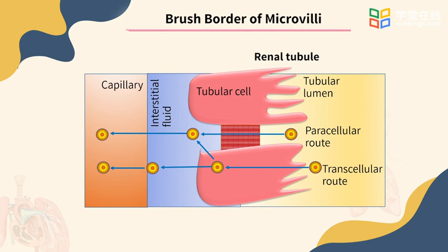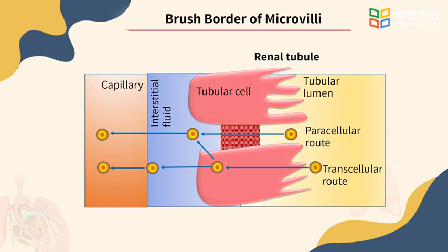For example, the cells lining the proximal tubule are endowed with a brush border of microvilli on their luminal surface, with many mitochondria. This brush border dramatically increases the surface area and the capacity for reabsorption and secretion. The abundant mitochondria provide rich supplies of ATP for active transport.